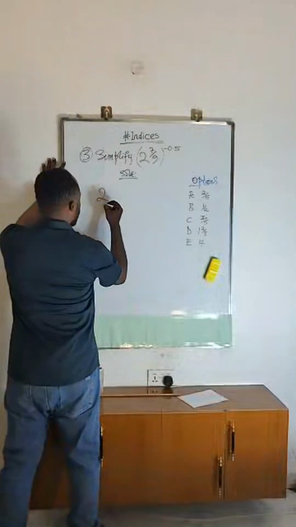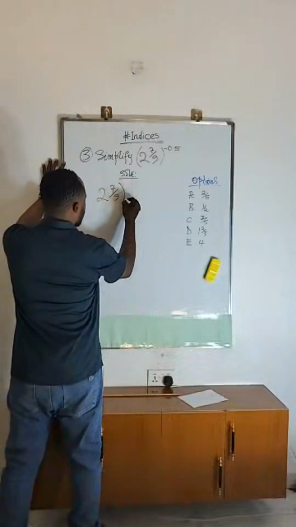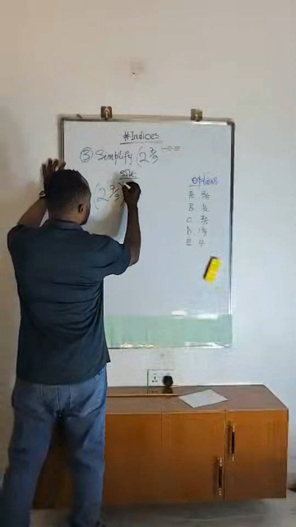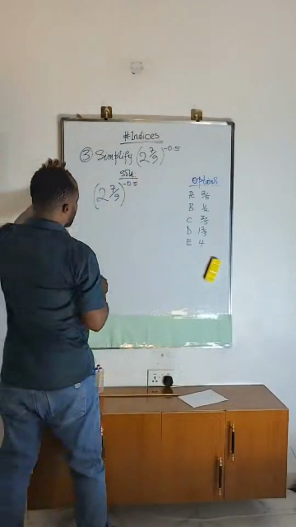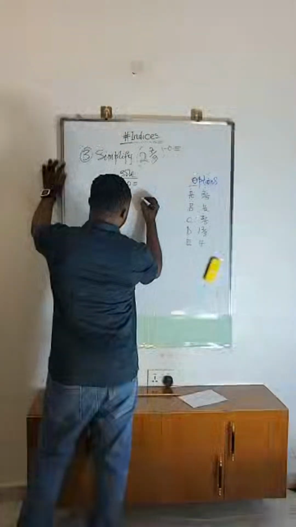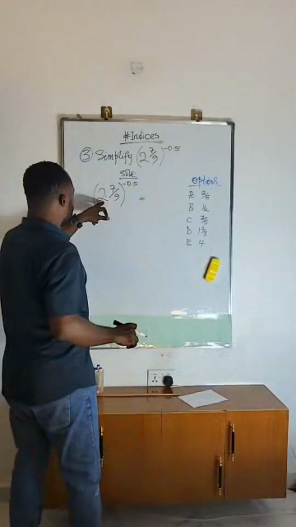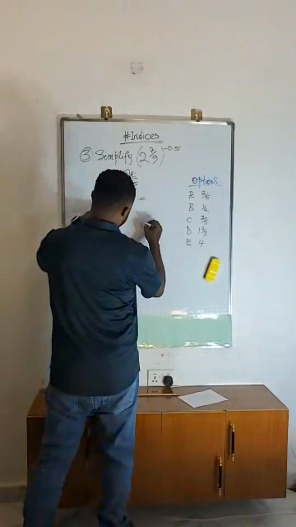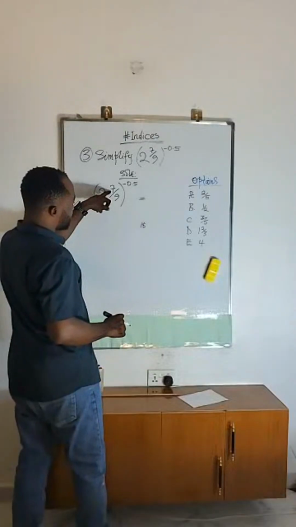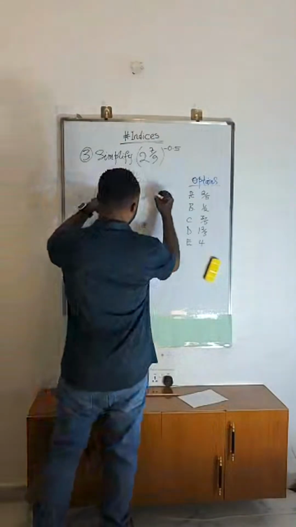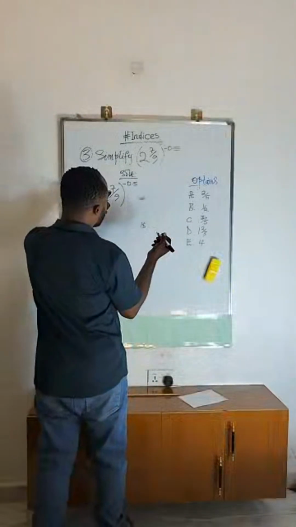You have 2 whole number 7 over 9 raised to the power of minus 0.5. Okay, first of all, see what we are going to do here. 9 times 2 is 18. 18 plus 7 is 25.